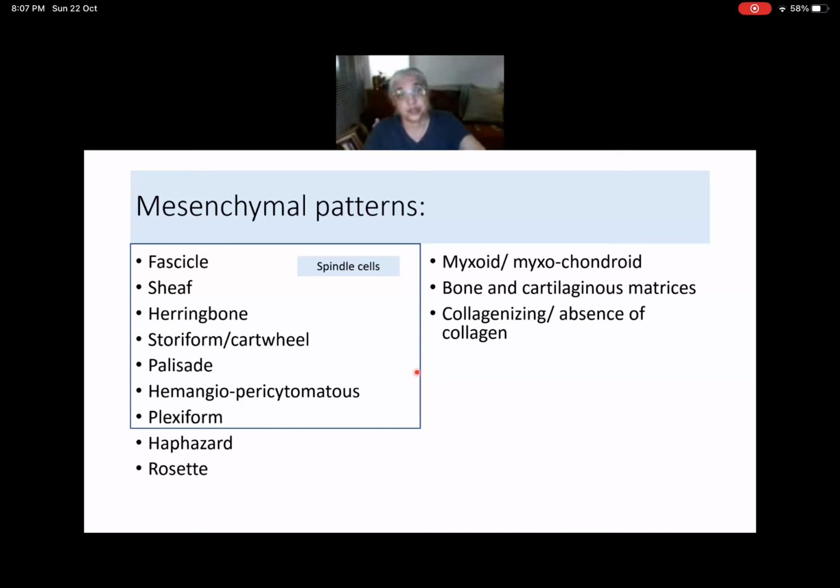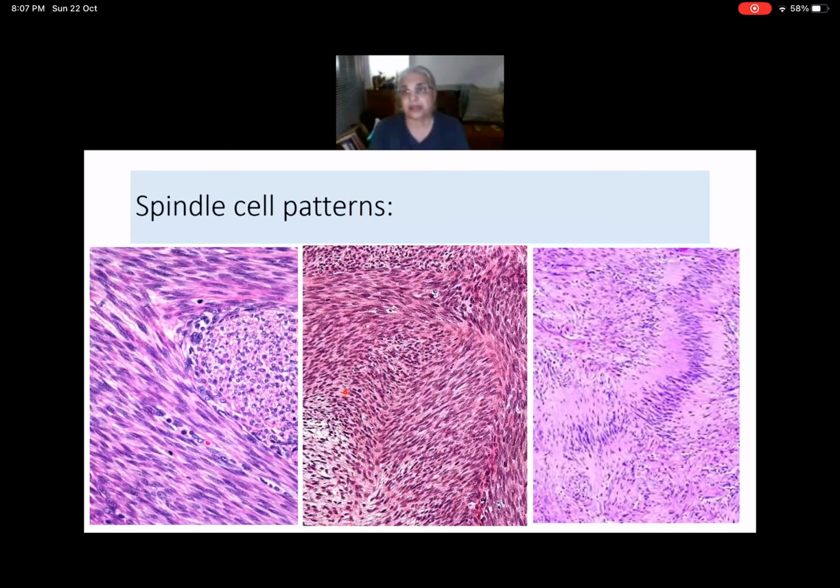Stellate cells will be there in haphazard patterns, not in rosettes. They can be in areas where there is myxochondroid, bone, cartilaginous tissue, etc. But when you have spindle cells alone, you can get one or other of these patterns.